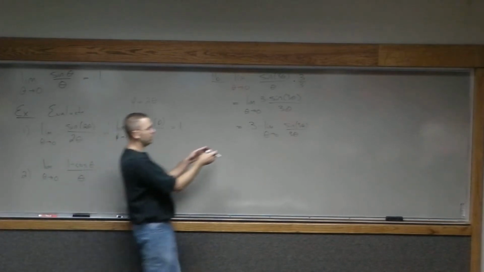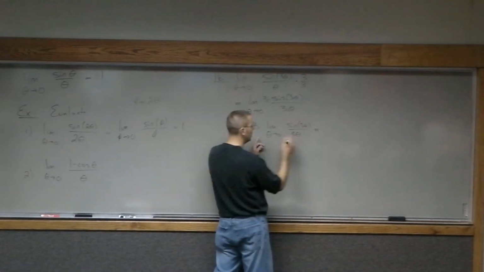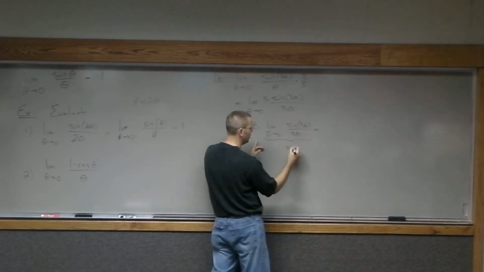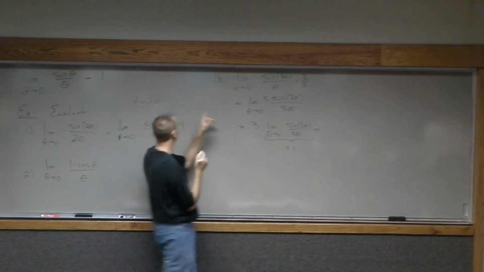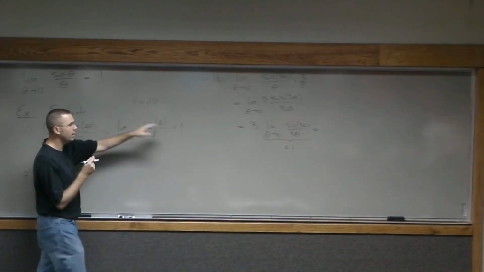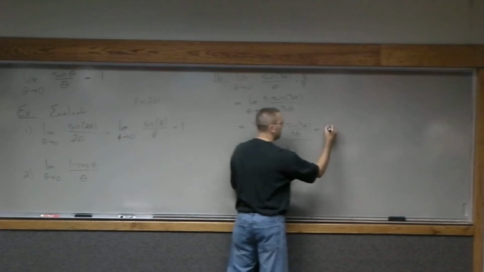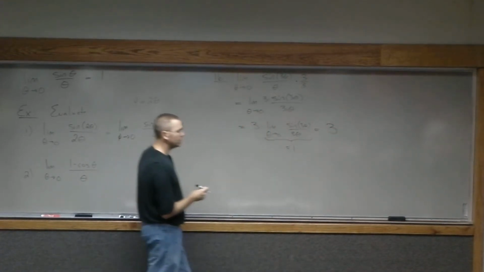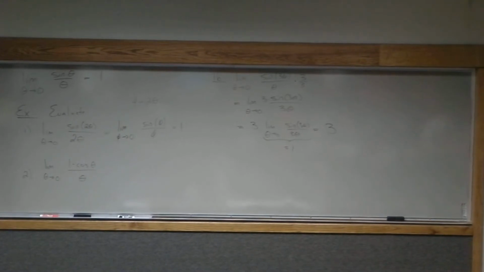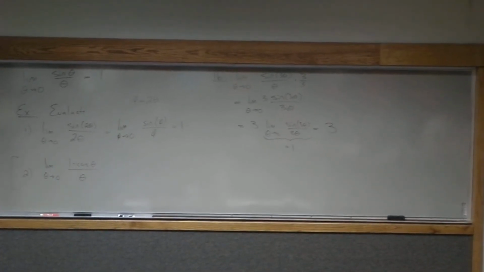The limit of just this part is 1, just like over here, so the limit of the whole thing is going to be 3. By using some good substitutions and manipulating the expression in legal ways, we arrive at a limit value of 3 in this case. Now, I want to look at evaluating number 2 over here.